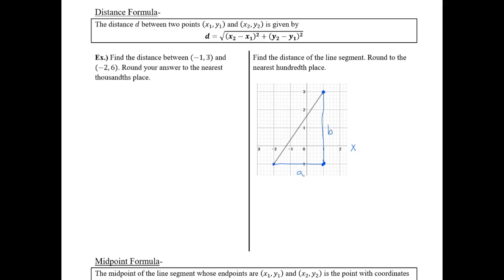The distance that we were trying to find would be the hypotenuse, because that's the side length across from that 90-degree angle. It's the longest side length.